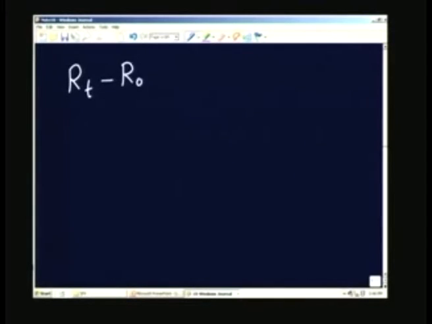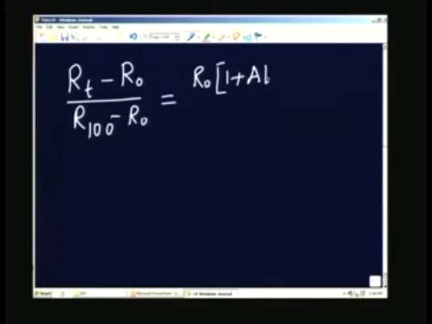So, if I write RT minus R naught divided by R100 minus R naught, RT we know that it is equal to R naught into 1 plus AT plus BT squared. This T is not the platinum resistance temperature, it is the actual temperature I am talking about here.